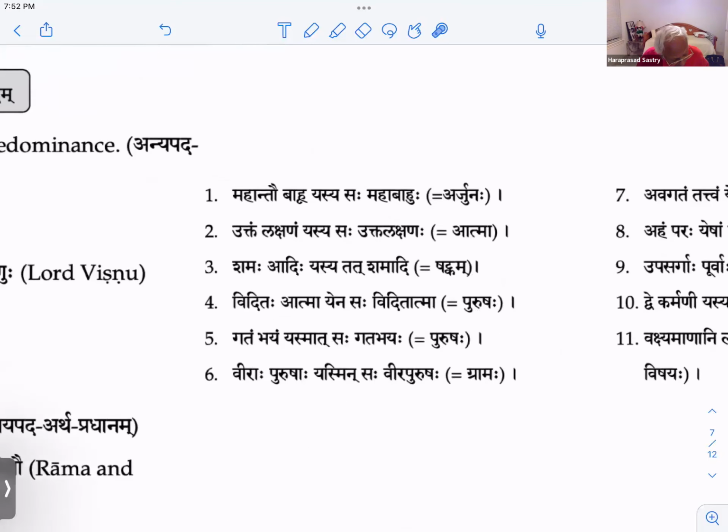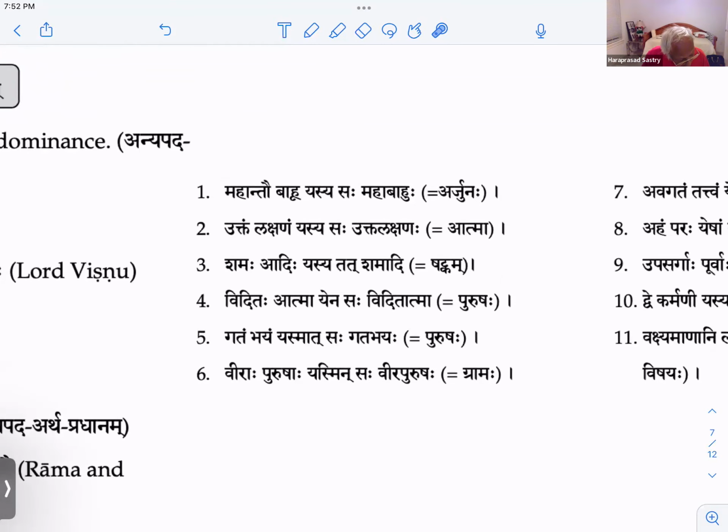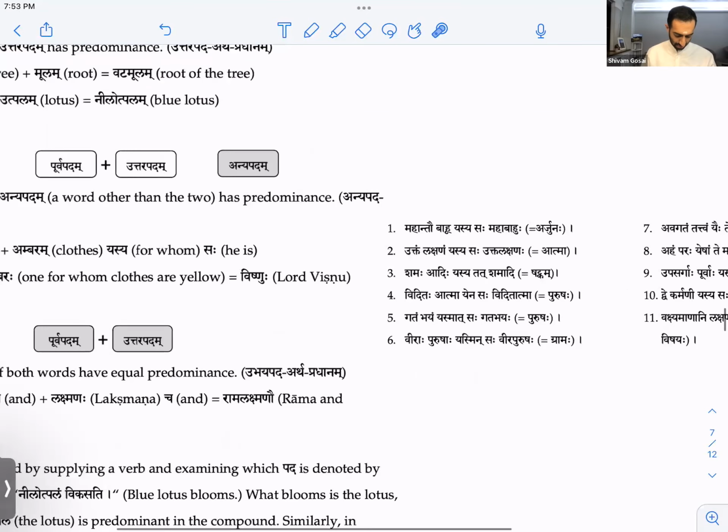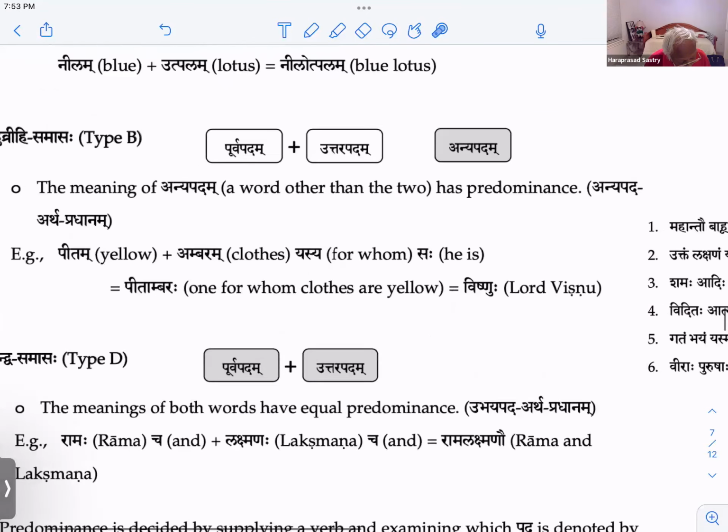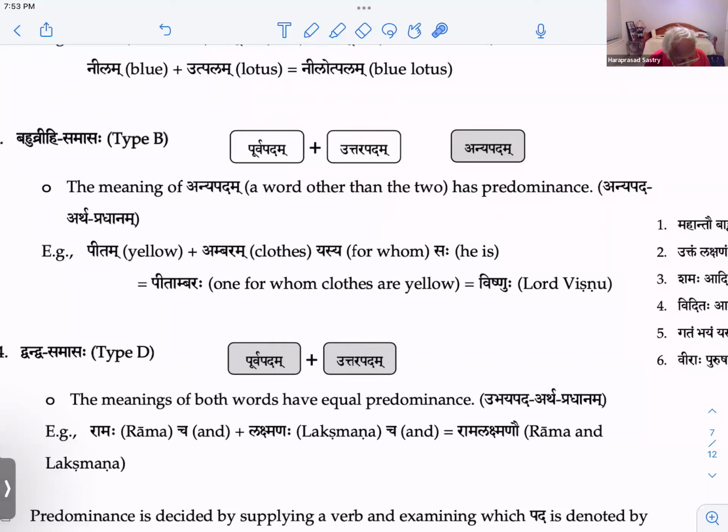Now, for example, when you say Pitam Ambaram, these two are two Pratipadikas. Correct. And you are going to add Esya, Saha, and that becomes Pitambaraha. That I understand, and that is equal to Vishnu, I understand.